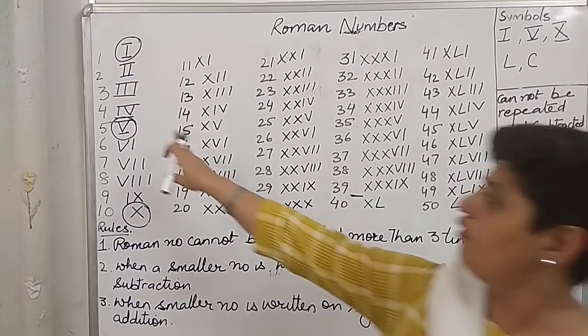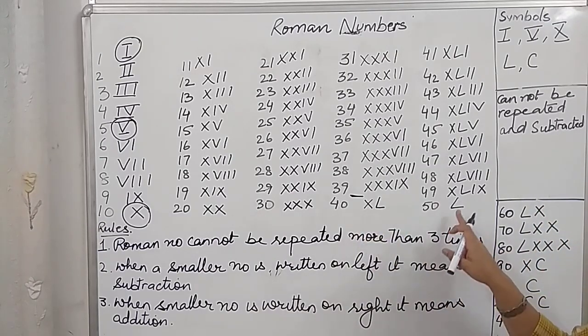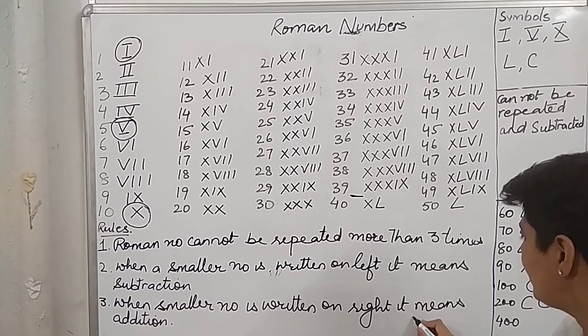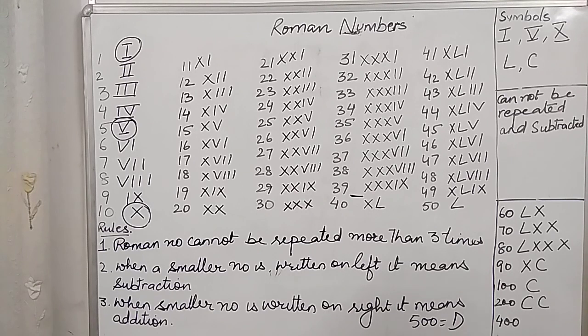Now here we know 4 is dependent on 5. 40 was dependent on 50. Similarly, 400 is also dependent on 500. So, for 500, we take a new symbol D. And 400 is 500 minus 100, which is C and D. C is 100, C on the left of D becomes 400.